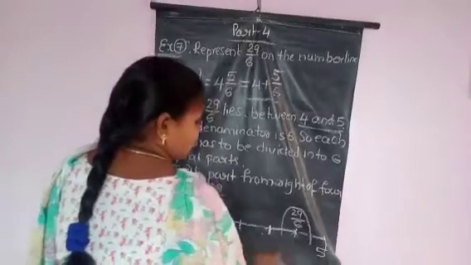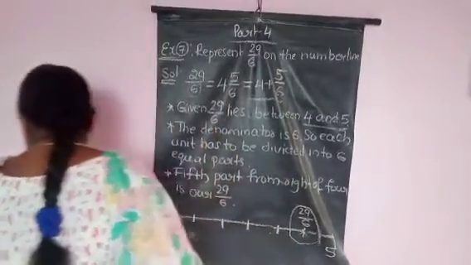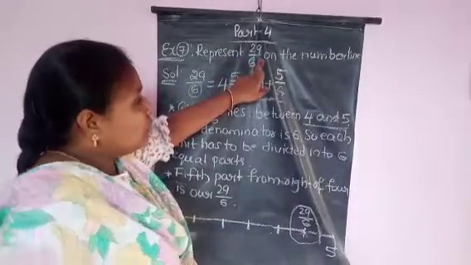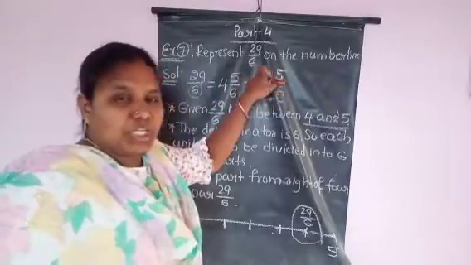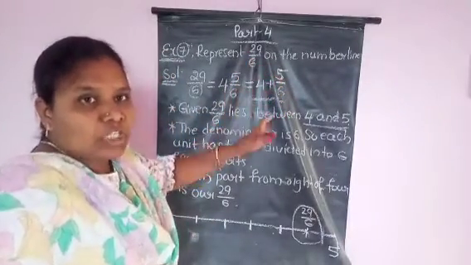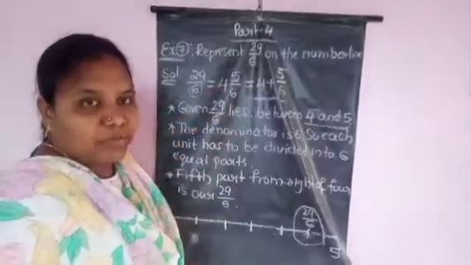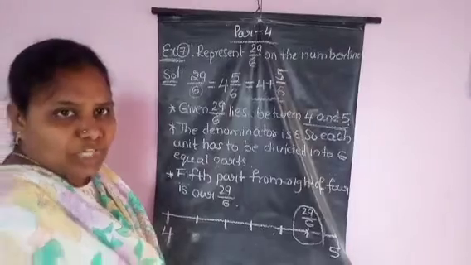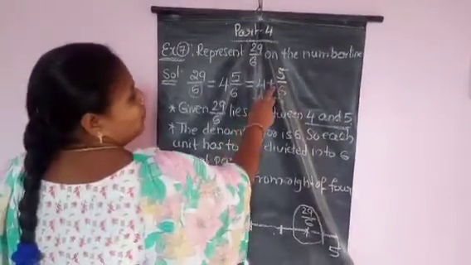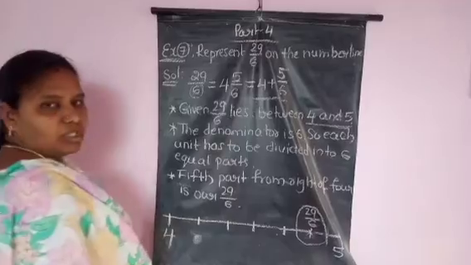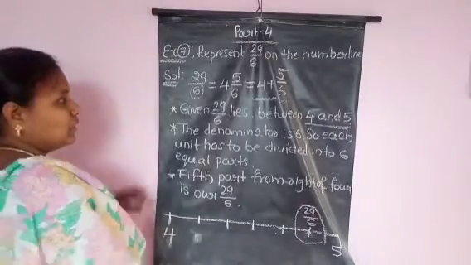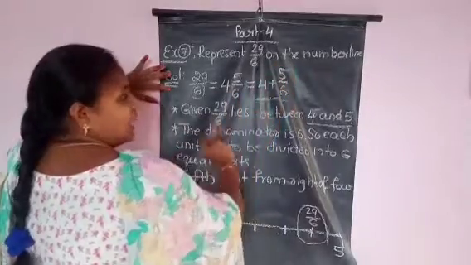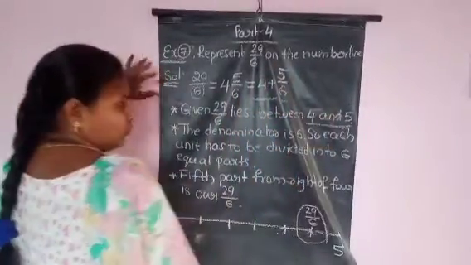Have you understood? Here I have given an improper fraction. To represent it, first convert it into a mixed fraction, which is 4 plus 5 by 6. This means it lies between 4 and 5.